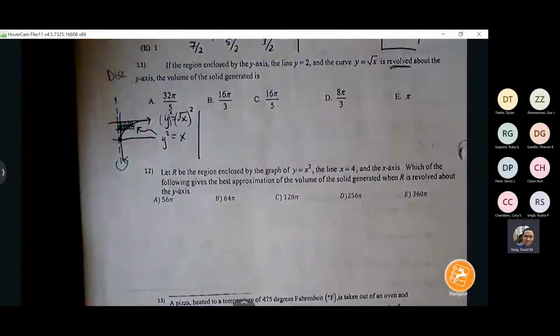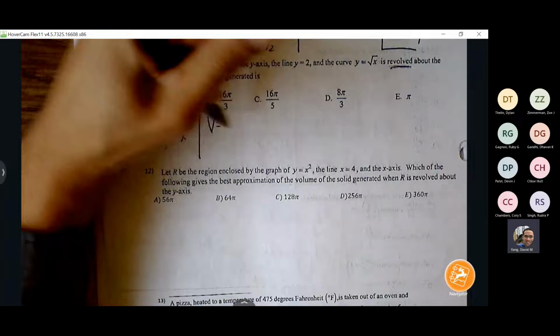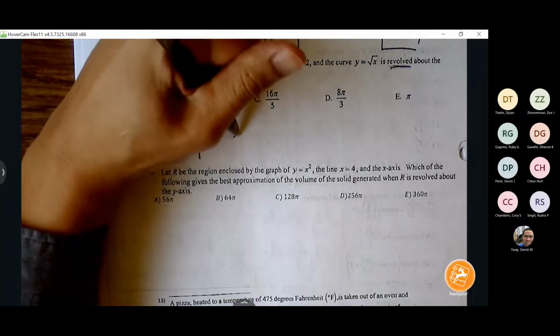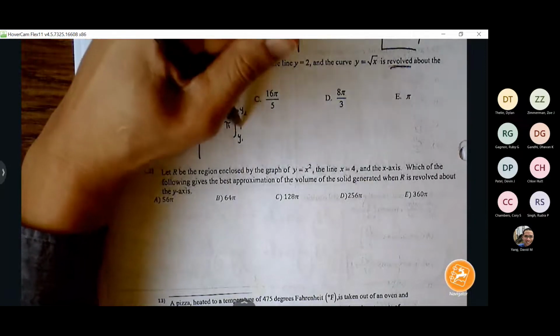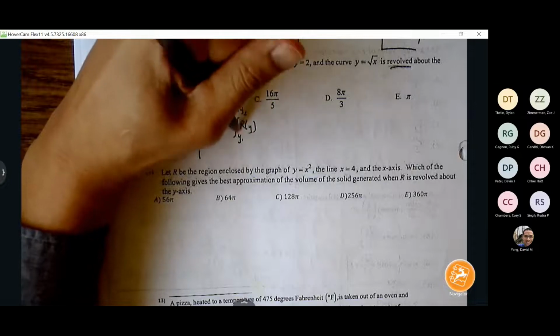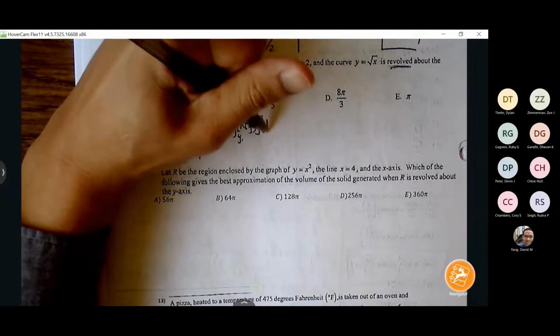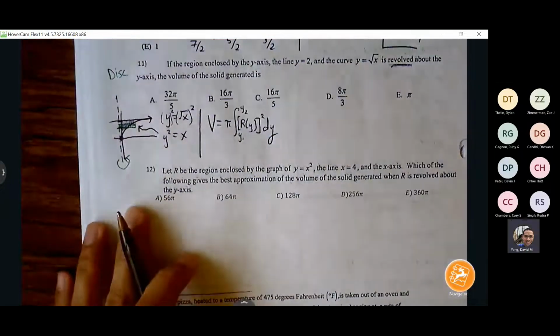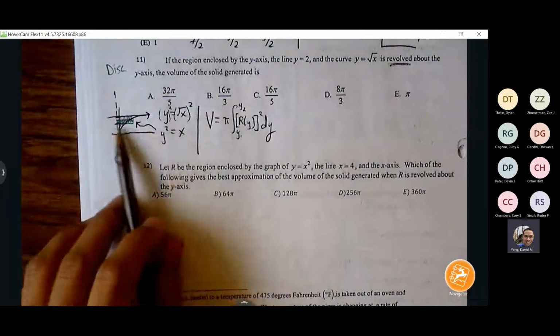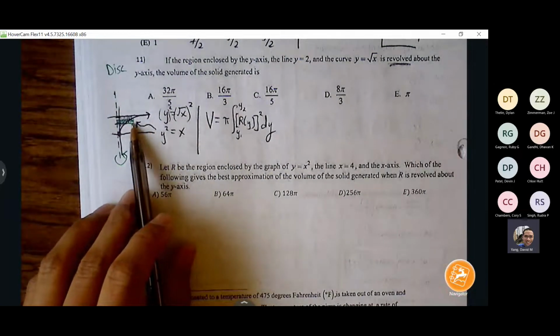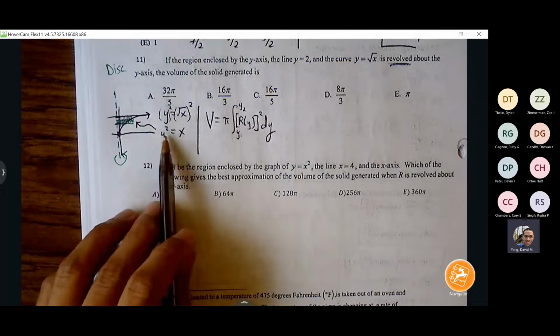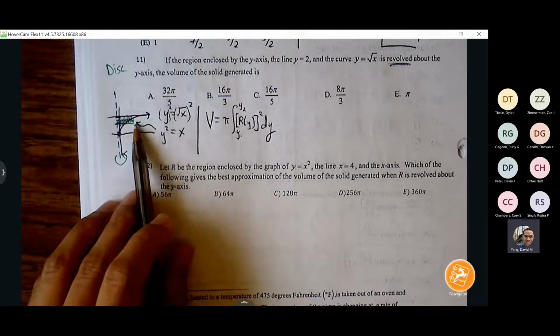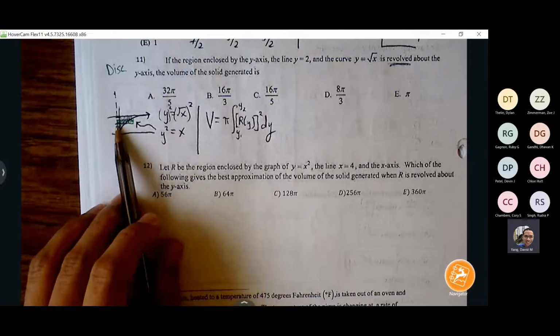Okay, so for this method, here's our volume formula. But let's build our radius first. Our radius is right minus left. So the right endpoint of my radius is touching the curve. So that's y squared minus the left endpoint, which is sitting at 0.